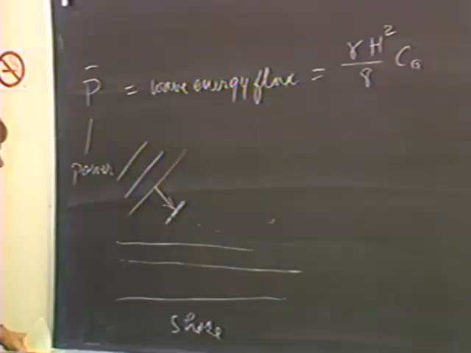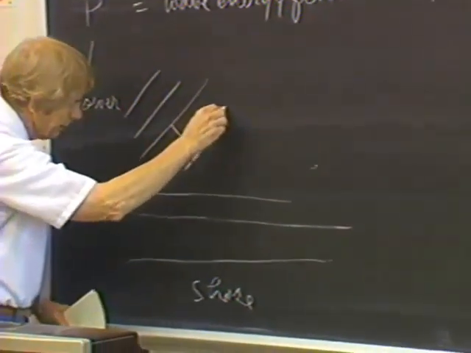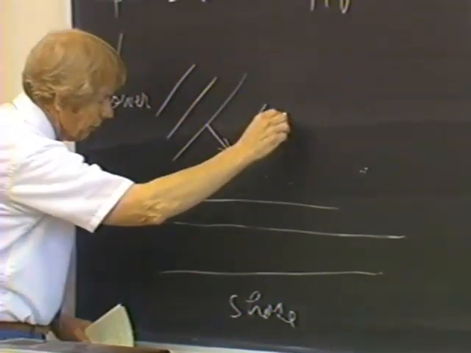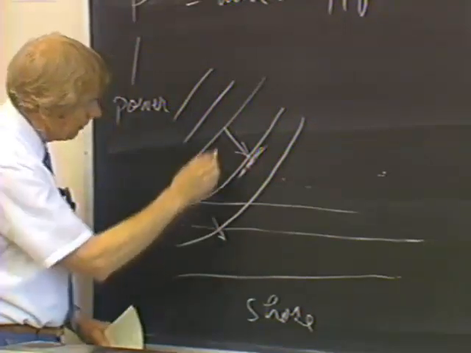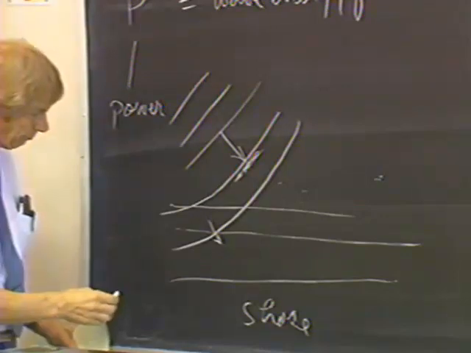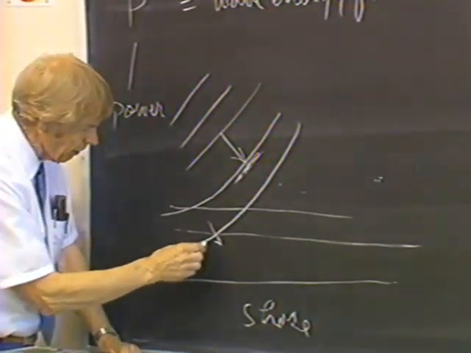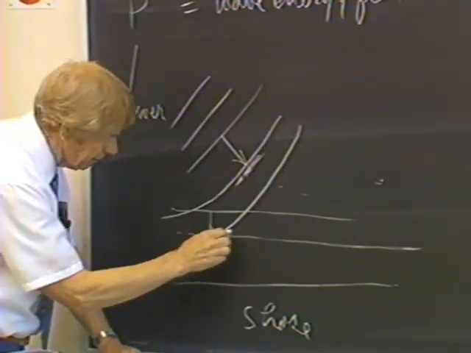Okay. And of course, as they approach shore, the waves are refracted. So the angle on the shore is something different than the angle in deeper water. Well, let's call this angle relative to the shore alpha.